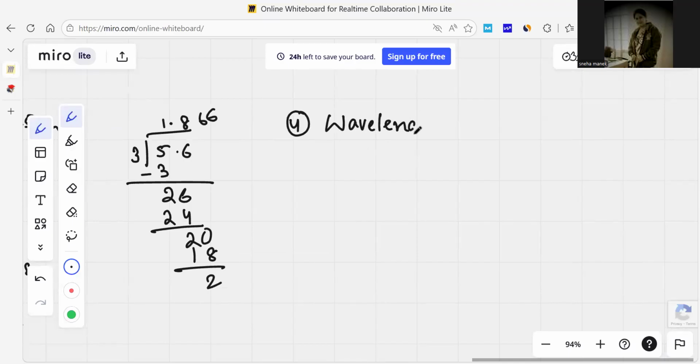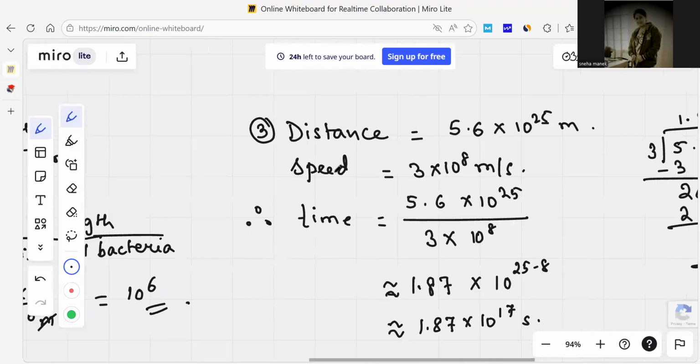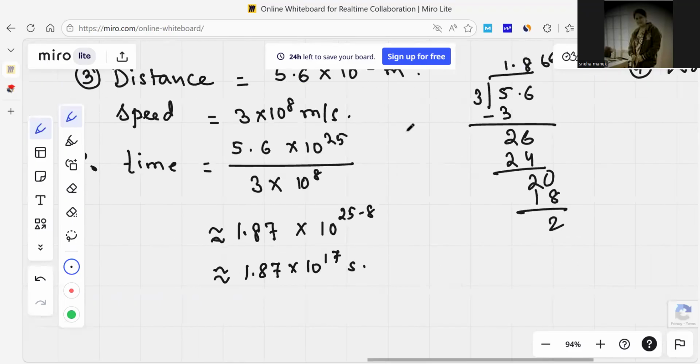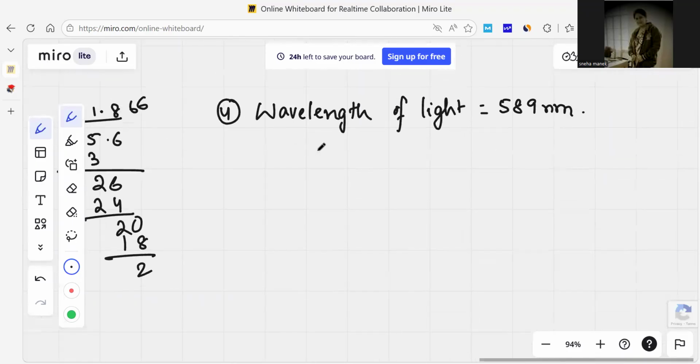Wavelength of light 589 nanometer. Now we have already done the relation between nanometer and angstrom. Please remember this, 1 nanometer equals 10 angstrom. So we can write that 1 nanometer equals 10 angstrom.